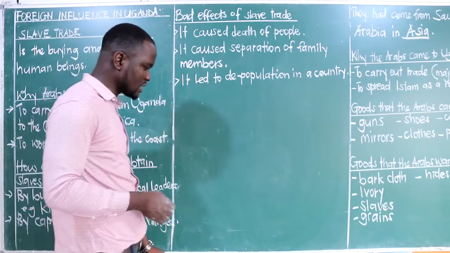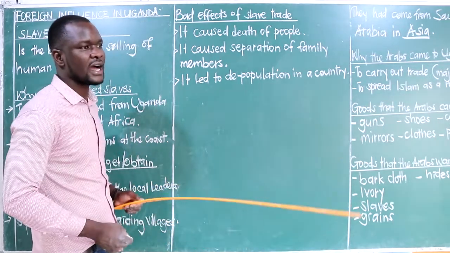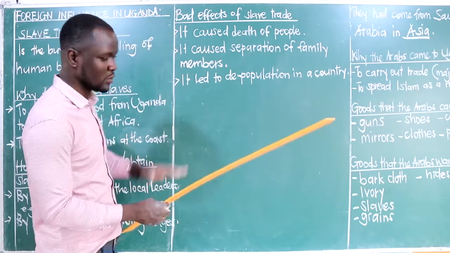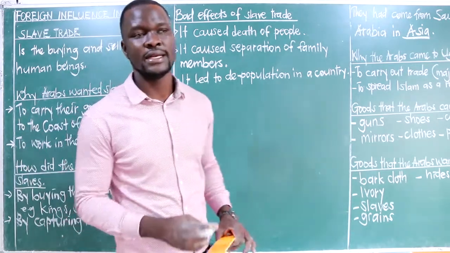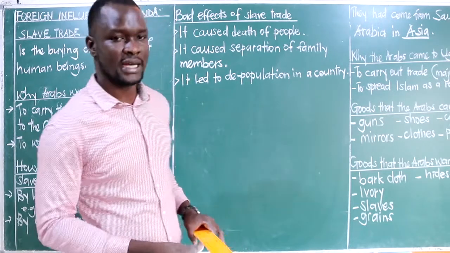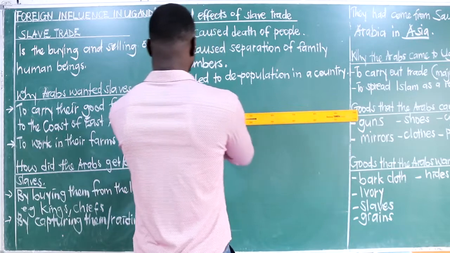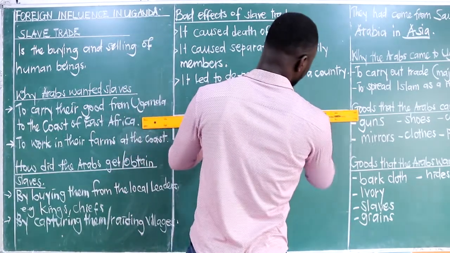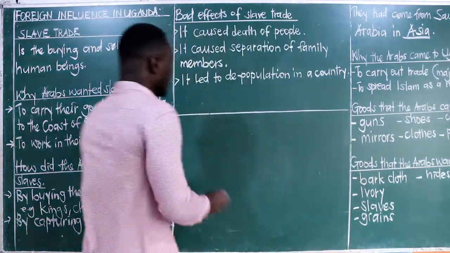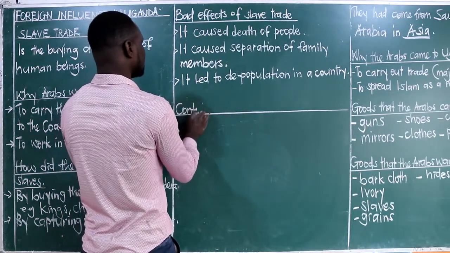However, I want us to summarize, also understanding that the Arabs, much as they did this, which was bad, also had their contributions. There are good things that they brought to the country that the country did not have. So we are going to look at contributions of the Arabs as we conclude this part.